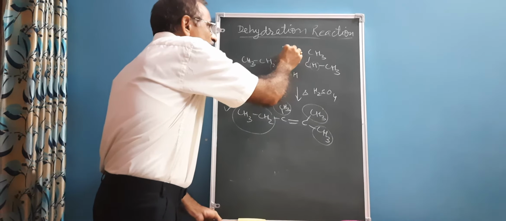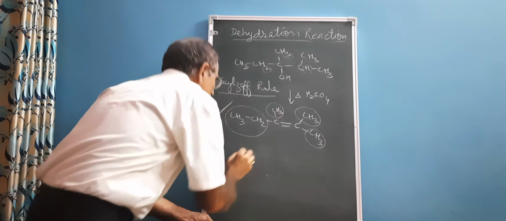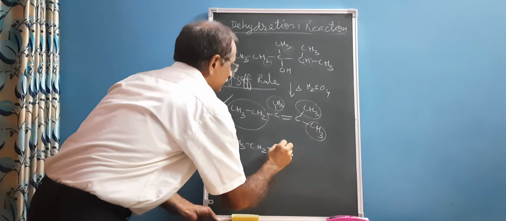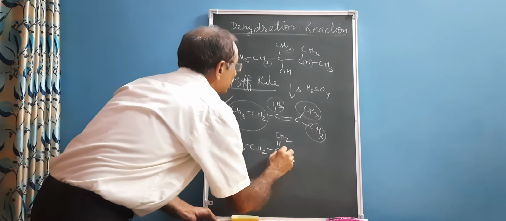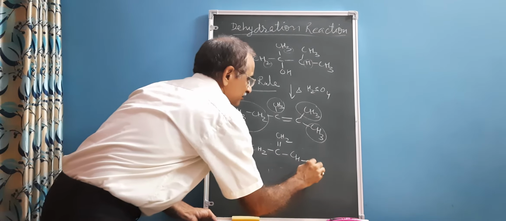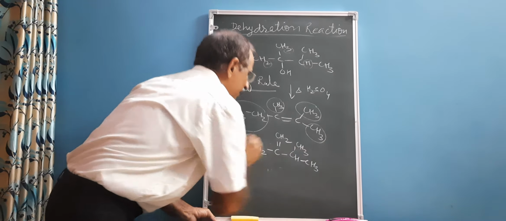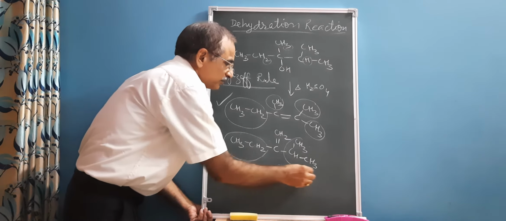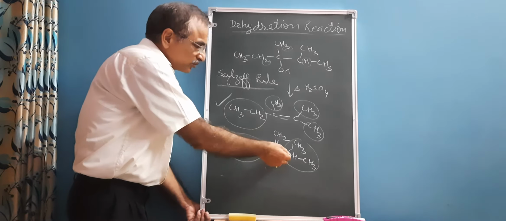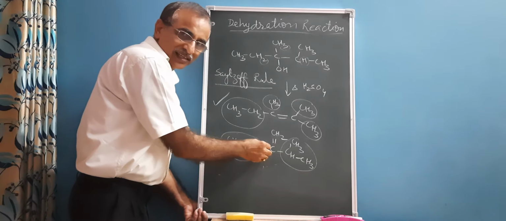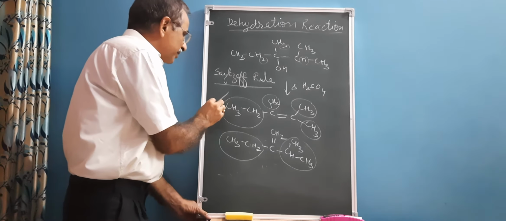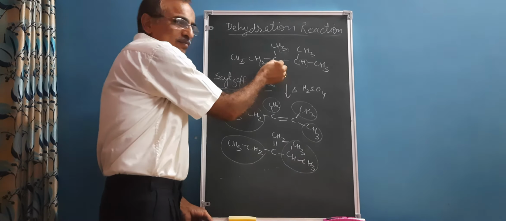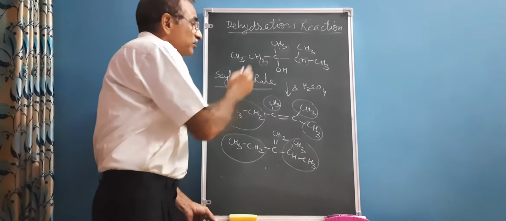When you are going to form a double bond between these two carbon atoms, then double bond CH2, and here CH. Here you can easily observe that this is 1, and here this one is 2. Only 2 substitution is present in this alkene. Therefore, the more preferable alkene will be this one. Again, let's consider a double bond is formed between these two carbon atoms. Then what will be the product?